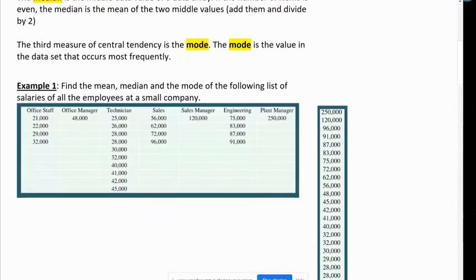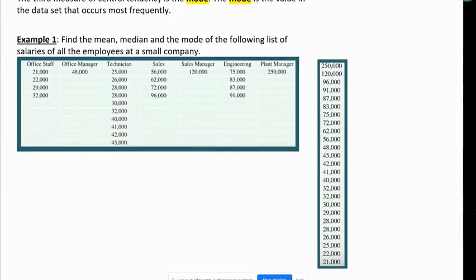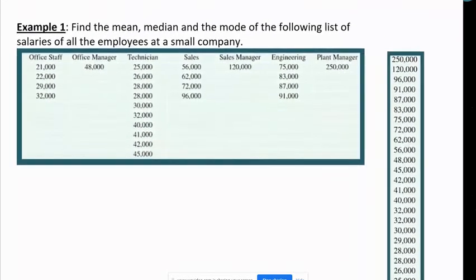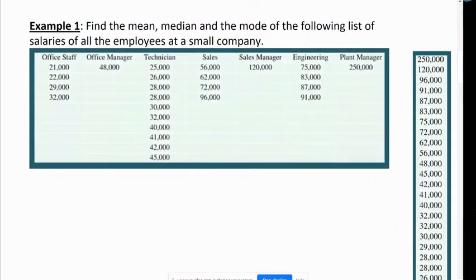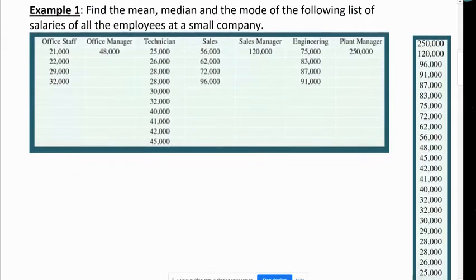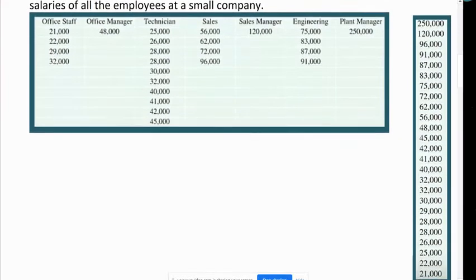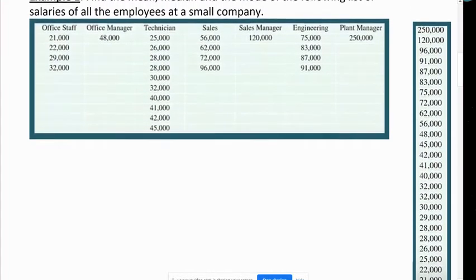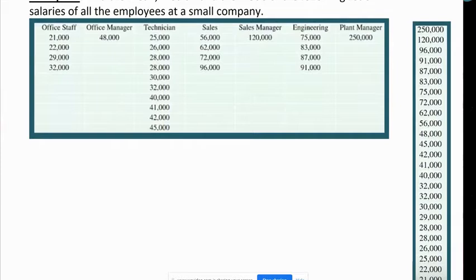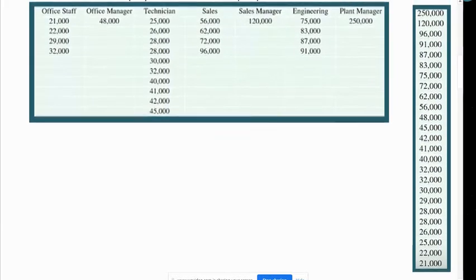And so we'll go ahead and take a look at this example. We have several employees at this small company, and they have various salaries. And so the first thing we would want to do is put the data in order, and this list is already in order here.